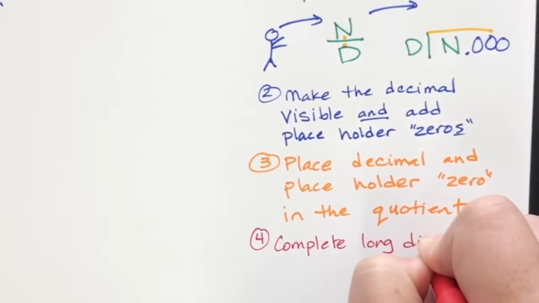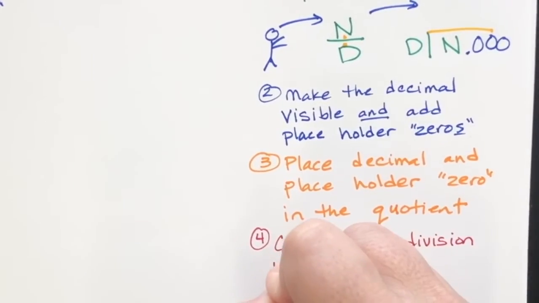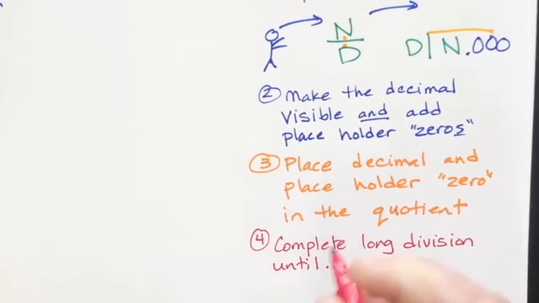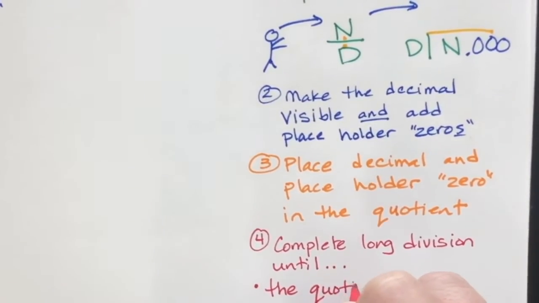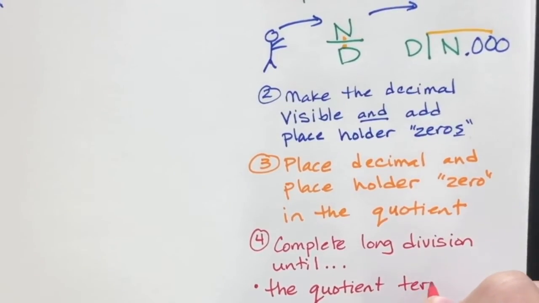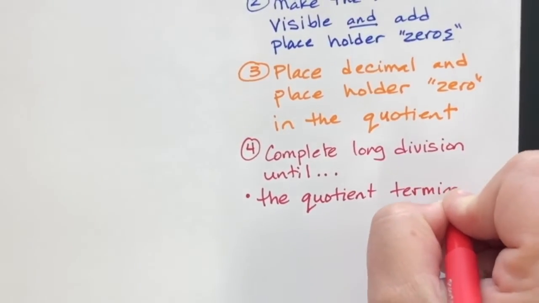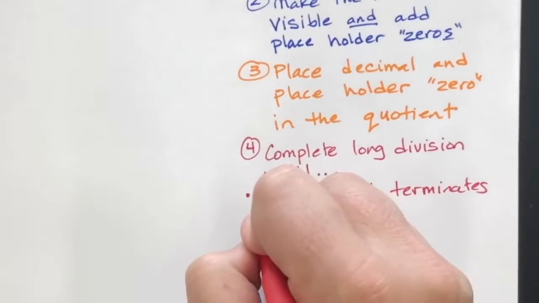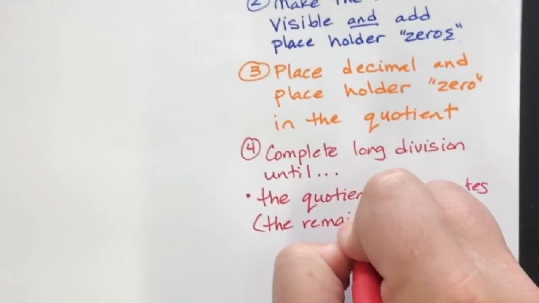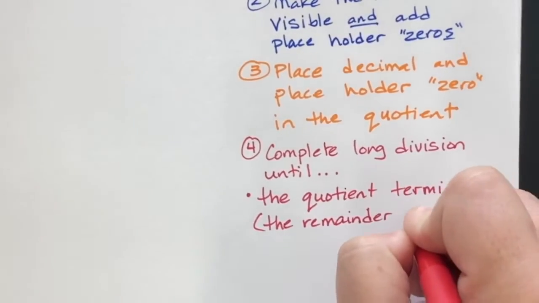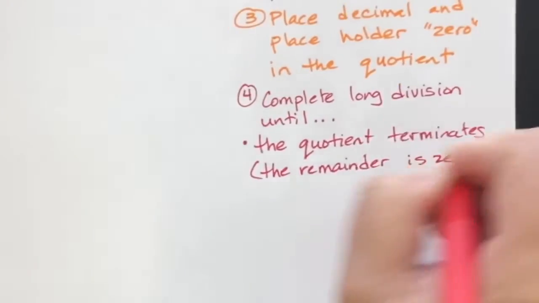So we're going to do long division until one of two things happens. One of these two situations will happen with a fraction. Either the quotient will terminate, and you will know that because the remainder will be 0. And then since we were just adding placeholder zeros, there are no other numbers after that 0.